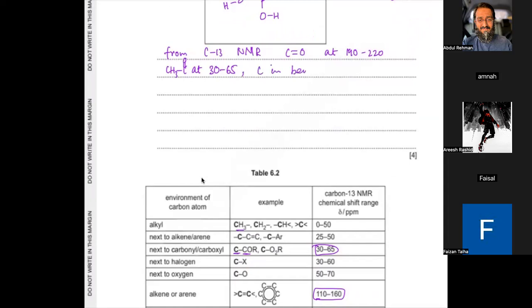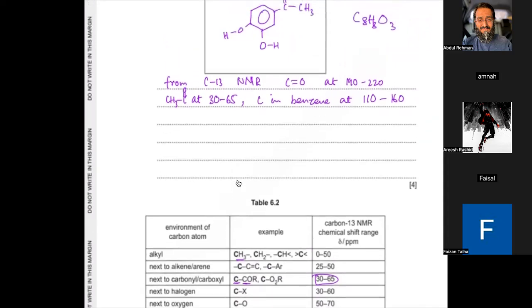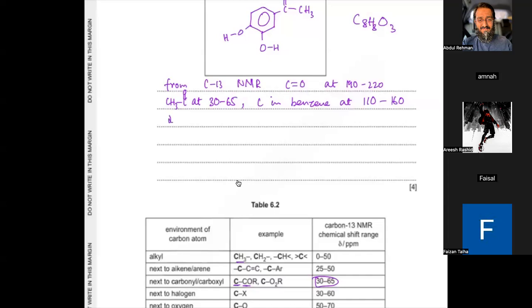Carbons in benzene at 110 to 160. These are the major findings from the carbon-13 NMR, right?